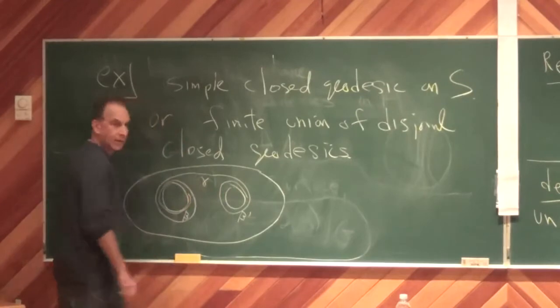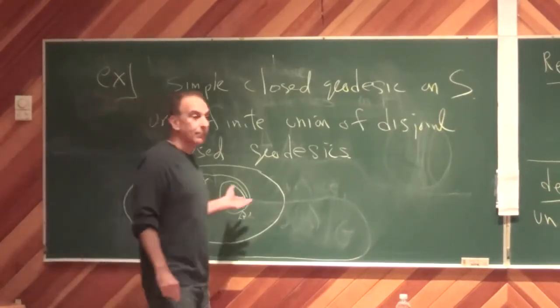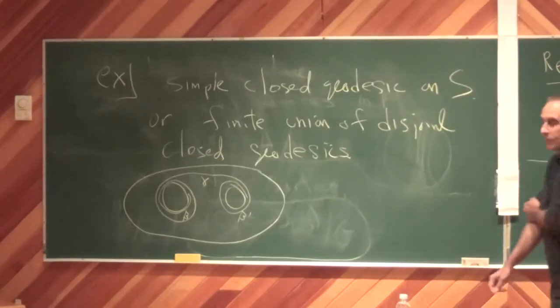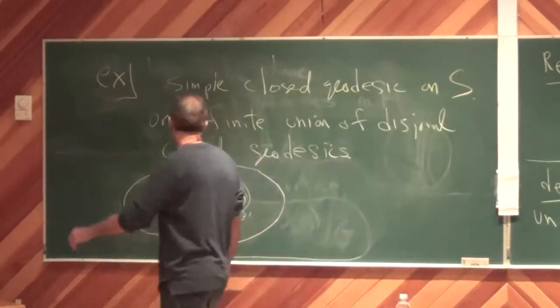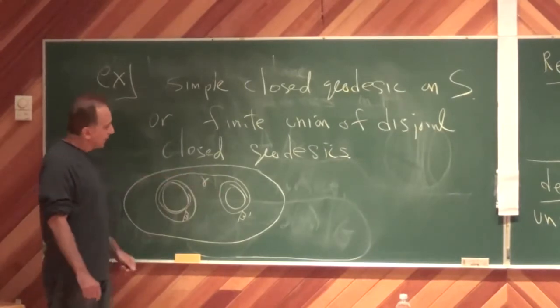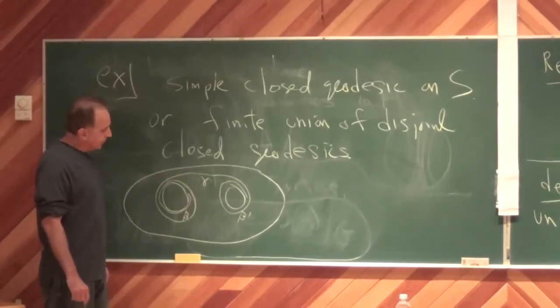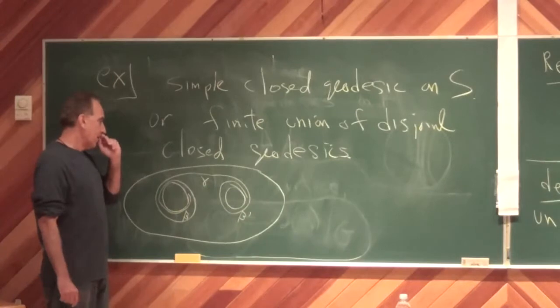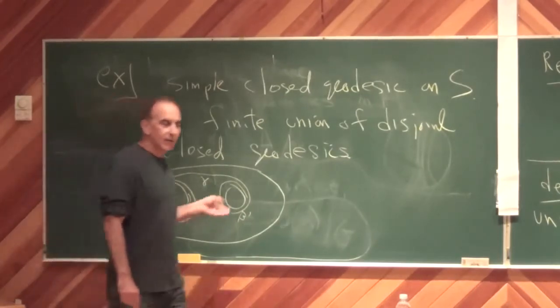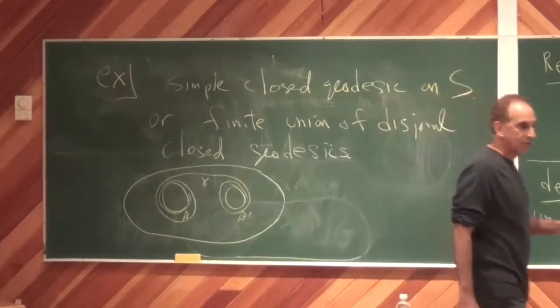That's gamma. Okay? That's a lamination. Okay? Forms a closed set made up of disjoint union of simple geodesics. And the topology on this lamination is interesting.